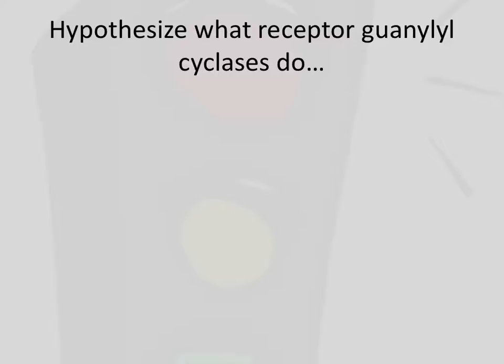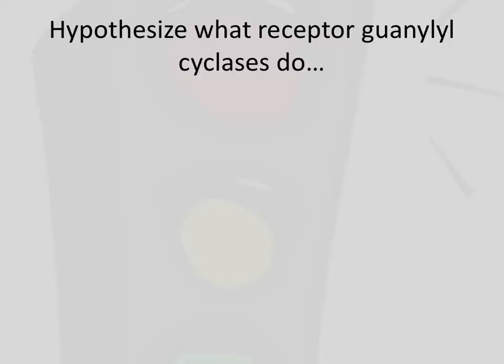So if we just had to imagine, and you're told that these were called receptor guanylyl cyclases, what do you suppose they're going to do, just based off of their name? Has to do with cyclic groups, and what kind of cyclic groups? Guanylyl ones. So where have we seen that kind of name before?